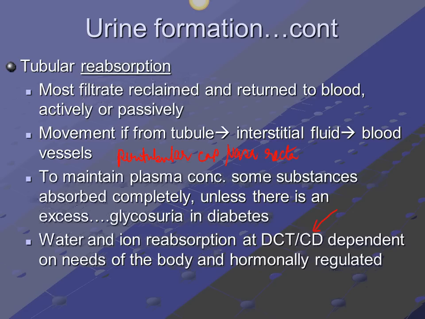And remember, in the distal convoluted tubule you have the macula densa cells which sense the solute content. Based on that, the body will either reabsorb or remove what is not needed. That's why this is hormonally regulated. Even parathormone, remember, causes calcium absorption. Again, if calcium levels are low, that will be done here in the distal convoluted tubule and collecting duct.